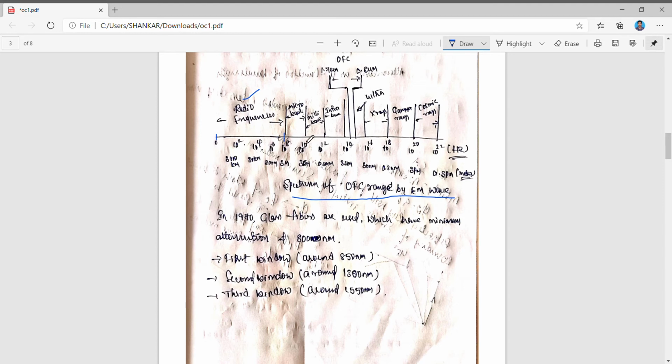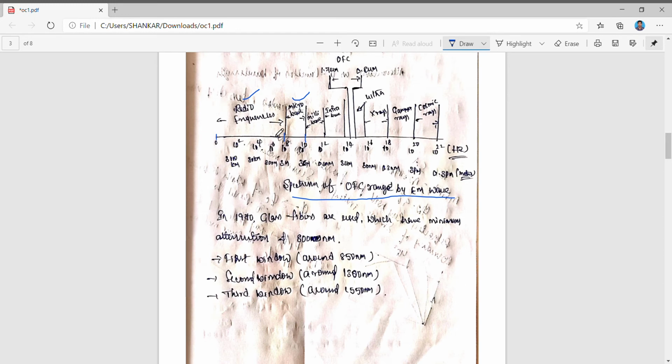The bandwidth of 10 to the power 8 to 10 to the power 10 Hz of frequency is assigned for the microwave frequencies. Whatever systems the designers have will choose the particular frequency ranges based upon their capability.